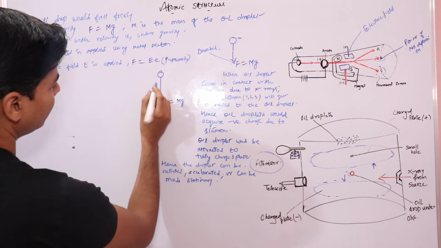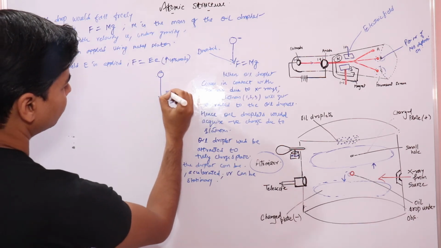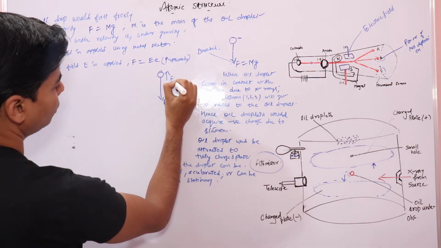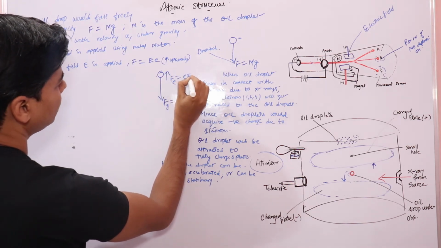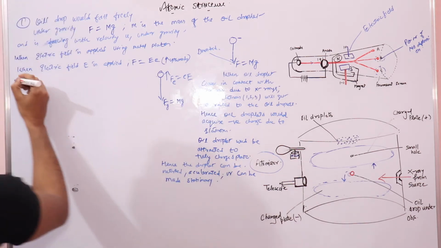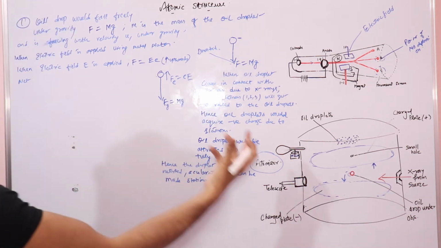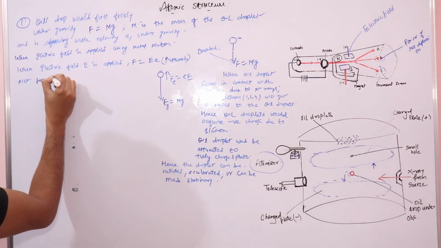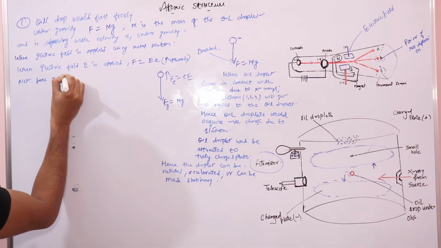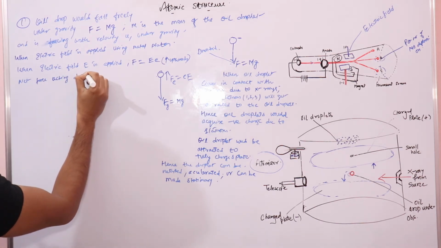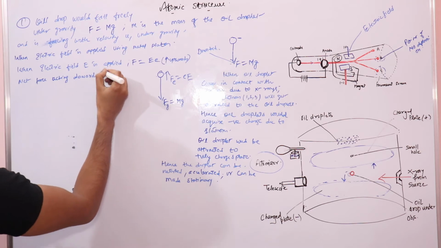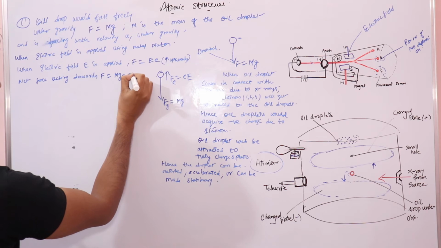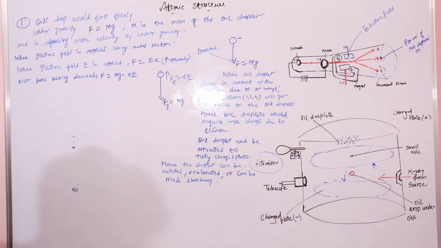Due to this electric field, an opposing force acts on this oil droplet, which is F equals qE. So the net force, since it is still falling downwards, would be F equals mg minus qE, right?